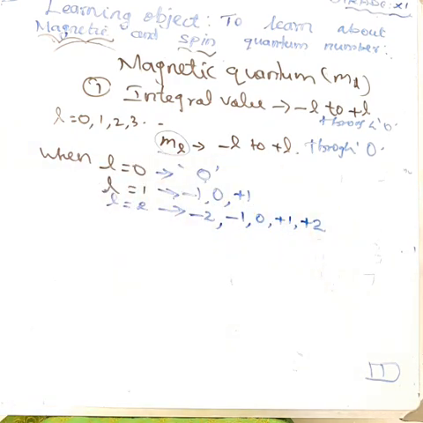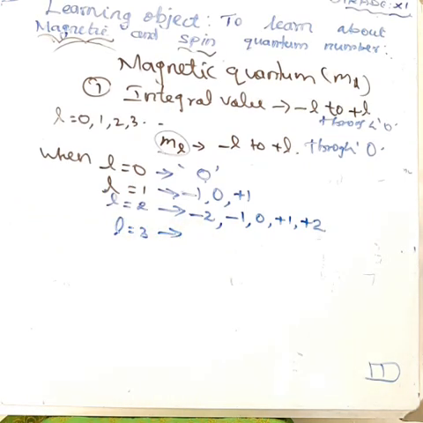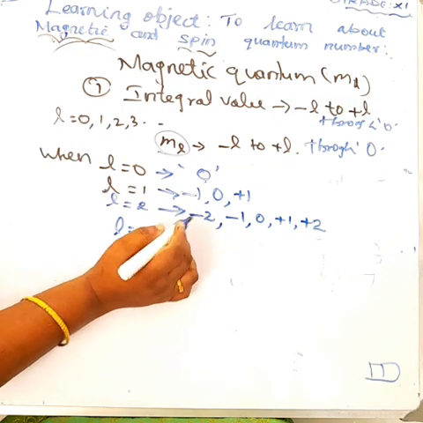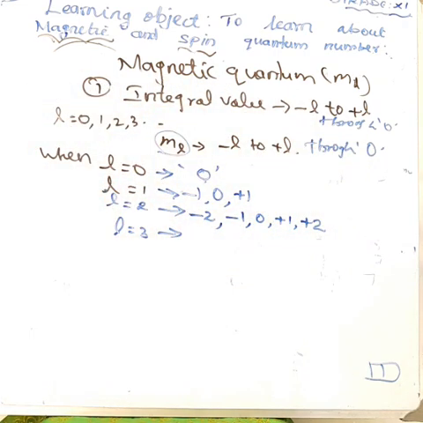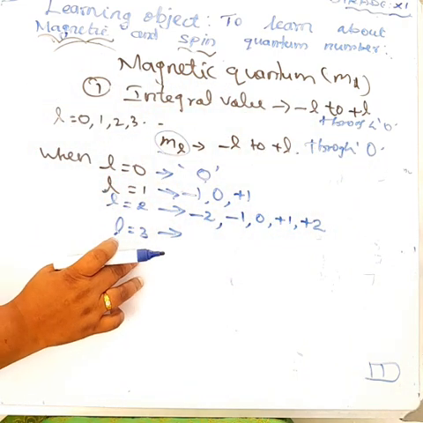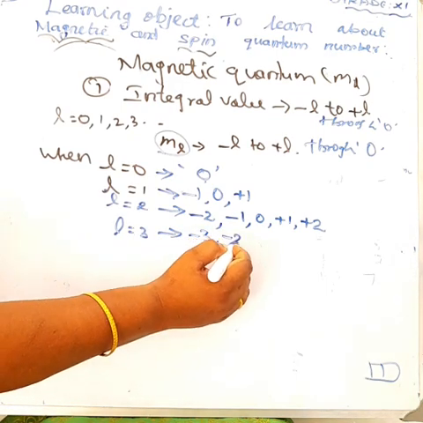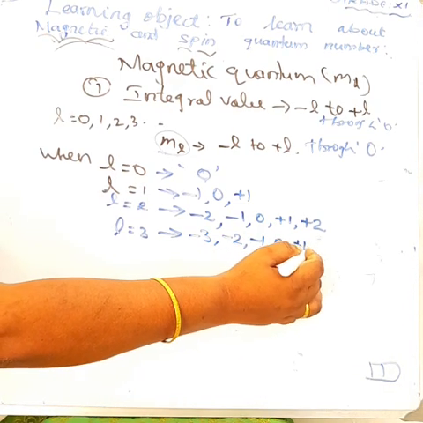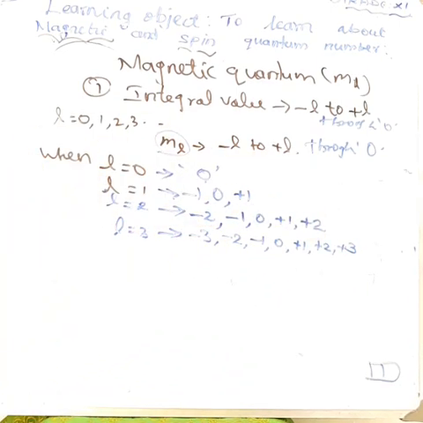When L is equal to 3, what about the magnetic quantum number? It ranges from minus 3, minus 2, minus 1, 0, plus 1, plus 2, plus 3. This is about the integral values of the magnetic quantum number. Understood?